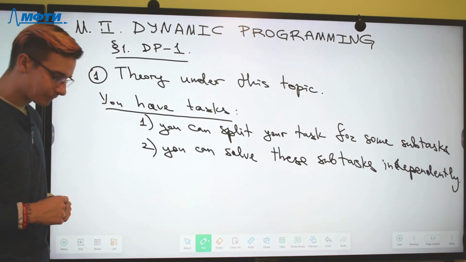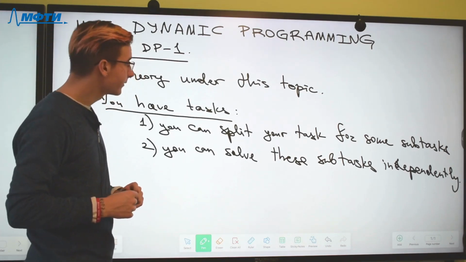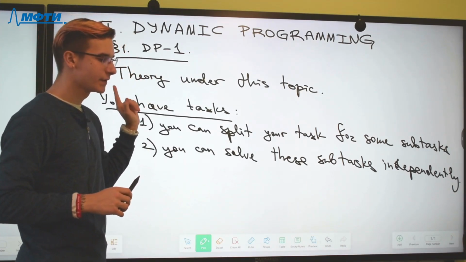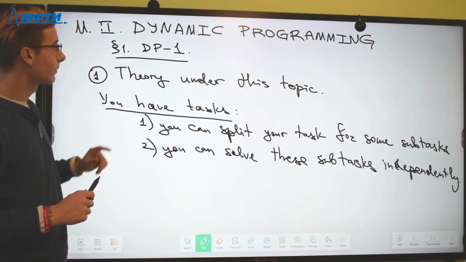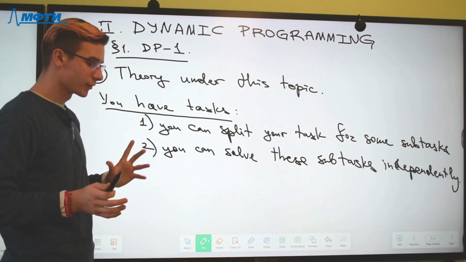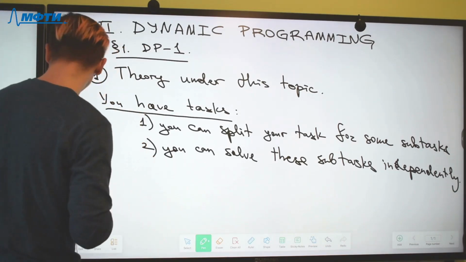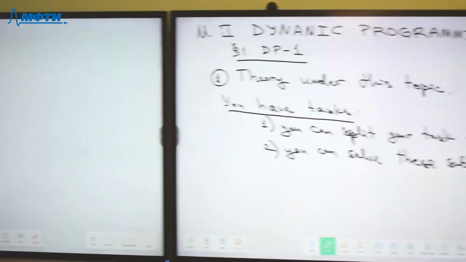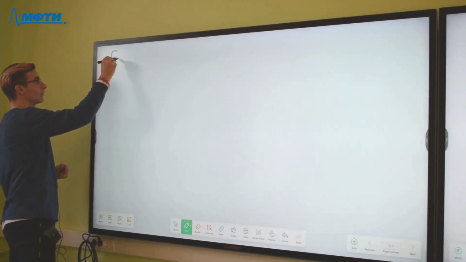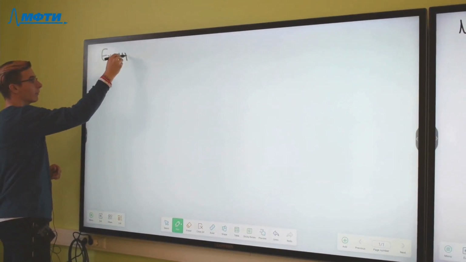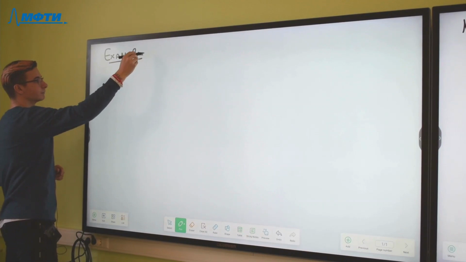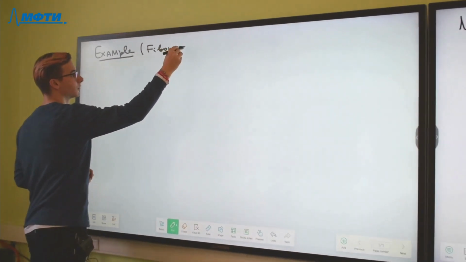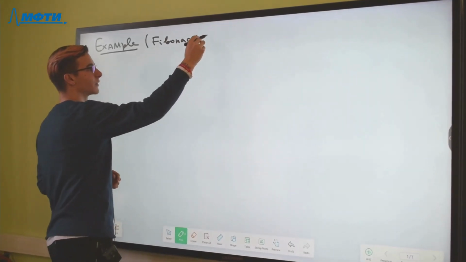And then, what is the difference between dynamic programming and recursive algorithms? For example, do you know what Fibonacci numbers are?